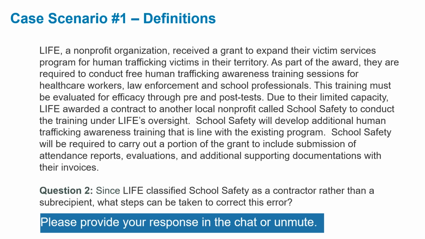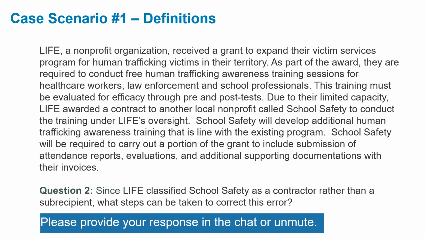I can probably give more information on that. Yes. So typically, a contractor would not be responsible for anything in terms of the federal program. The only responsibility a contractor would have would be to provide the goods and services to help fulfill whatever is needed by whoever is contracting them.